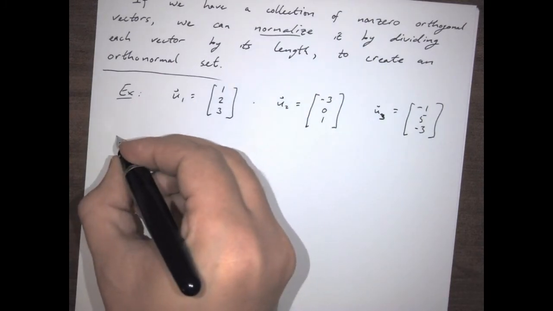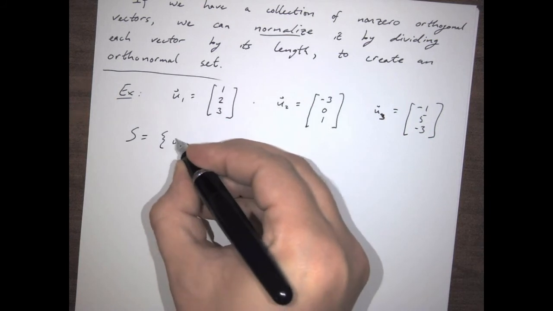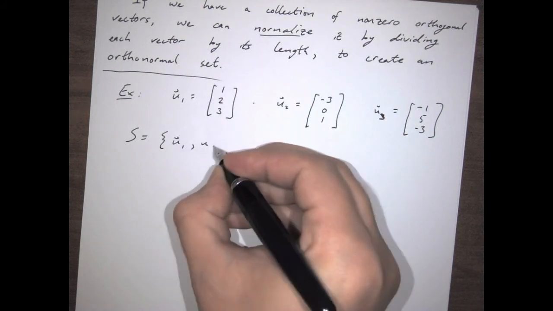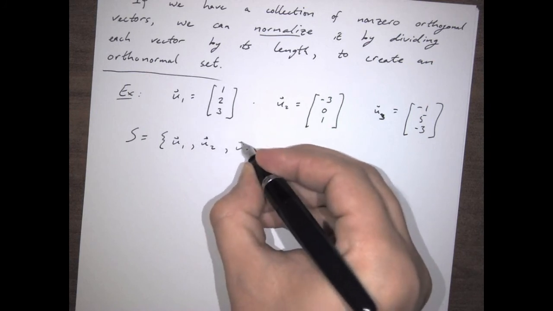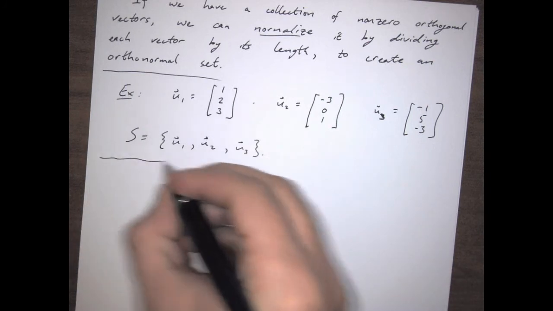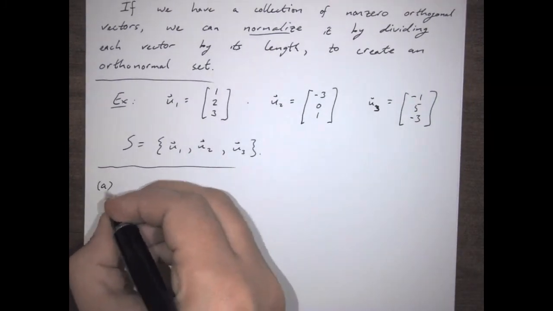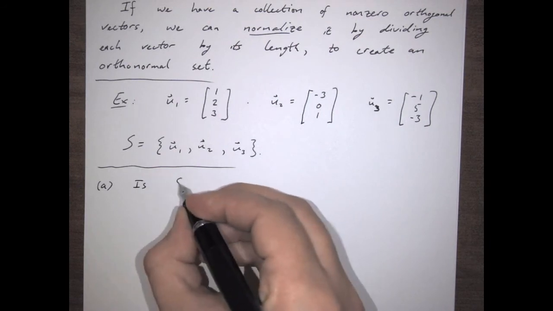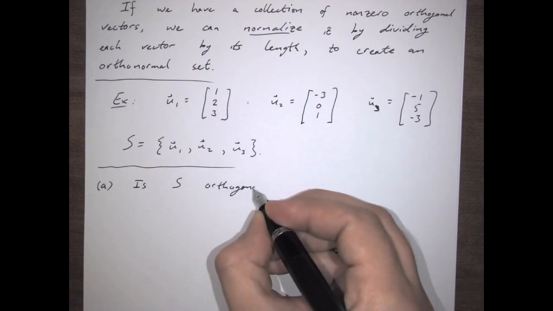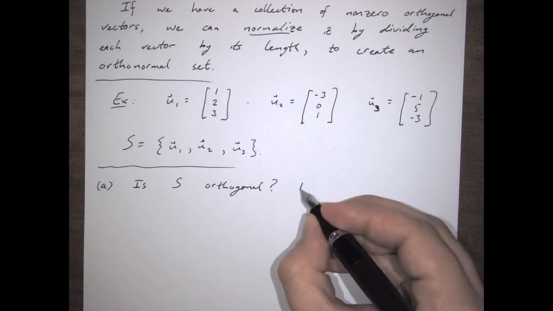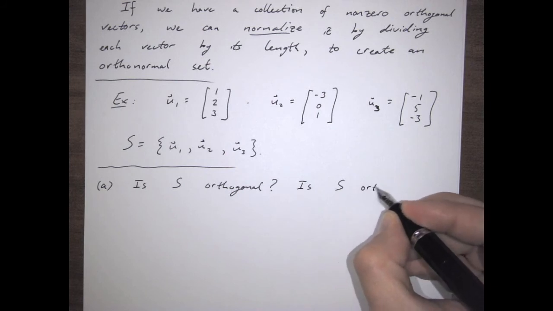And then S is equal to the set u1, u2, u3. So the first question: is S orthogonal? And is S orthonormal?